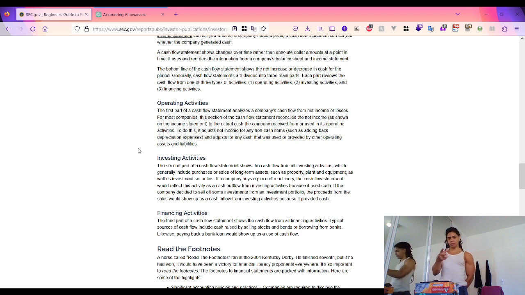For example, depreciation and amortization, which takes into account the wear and tear of assets over their useful life. Stock-based compensation, where a company issues stock options or awards to employees, they have some value, but there is no cash transaction involved.